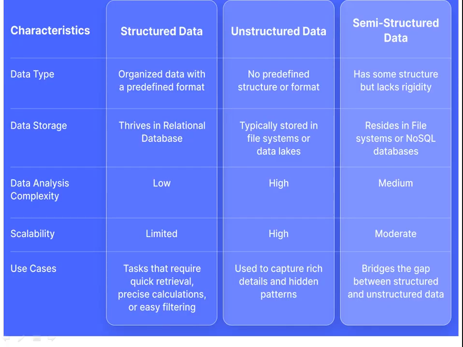So let's now quickly go through the differences between structured, unstructured and semi-structured data. Each one, as we just saw, has its own flavor, its own unique strengths and its own challenges, right? To quickly summarize, structured data is more organized, like files.